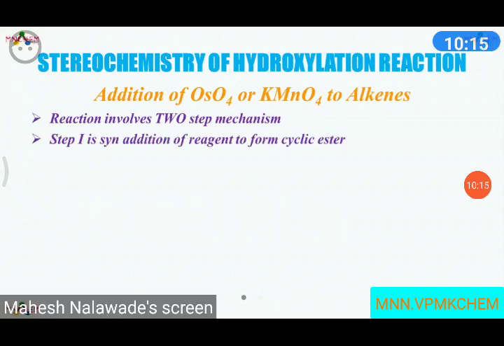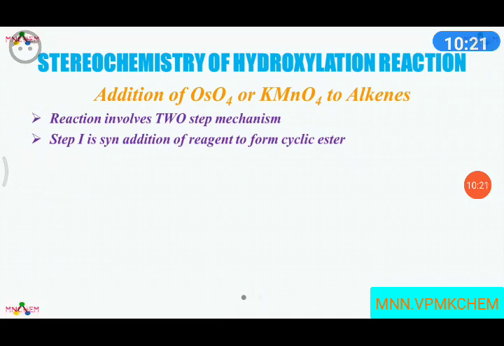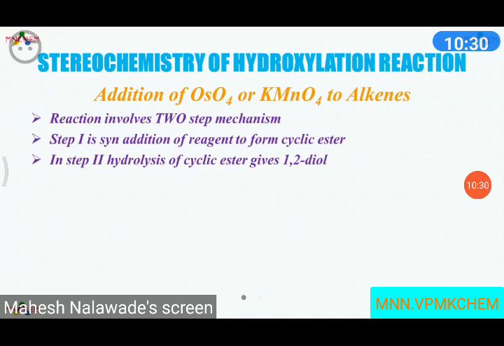Step 1 is syn addition of reagent, osmium tetroxide or KMnO4, to form a cyclic ester. In step 2, hydrolysis of cyclic ester gives the product 1,2-diol.